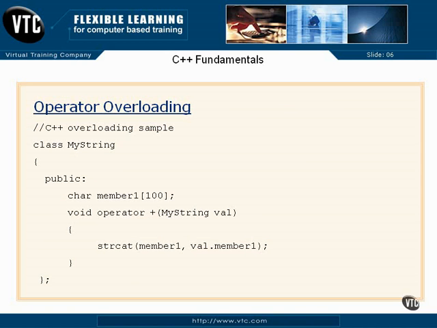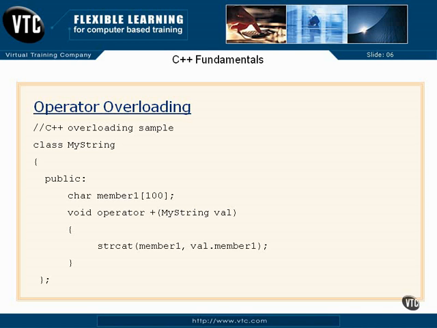When the plus sign is called on to work, we do a string concatenation of member1 plus the value of member1. So you add both of those together, and that returns back as member1. So you add the second string that comes in as the val parameter to the end of member1, creating one long new string. And that's what we have said that the operator plus is supposed to do.